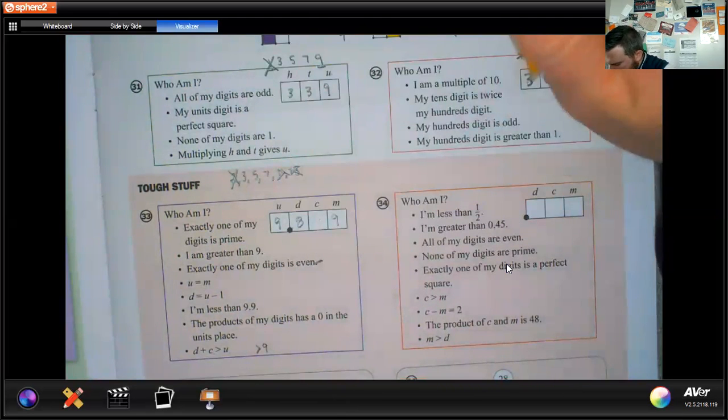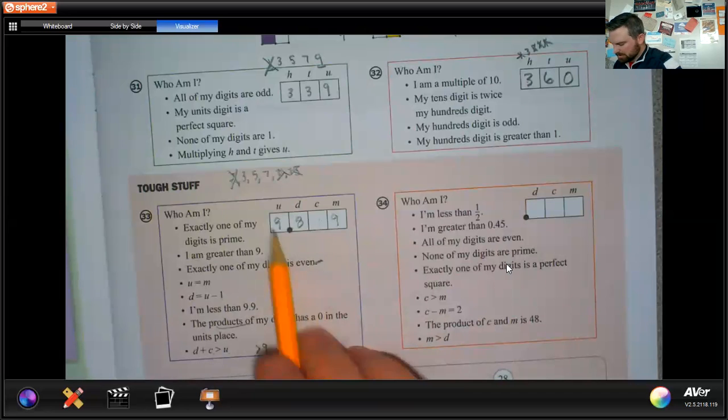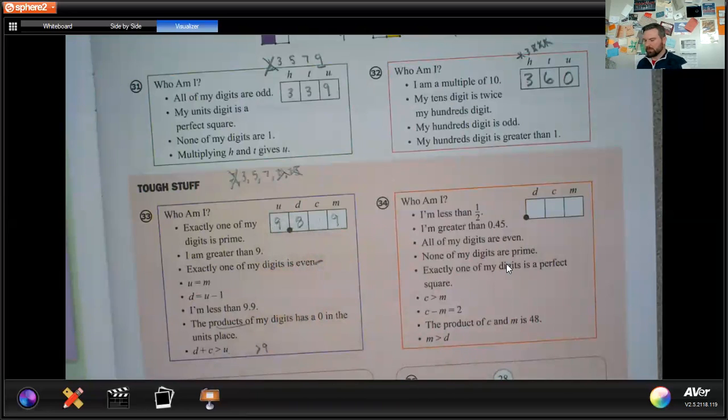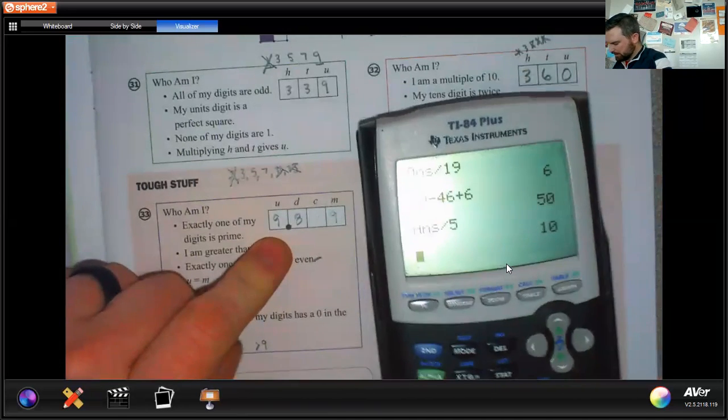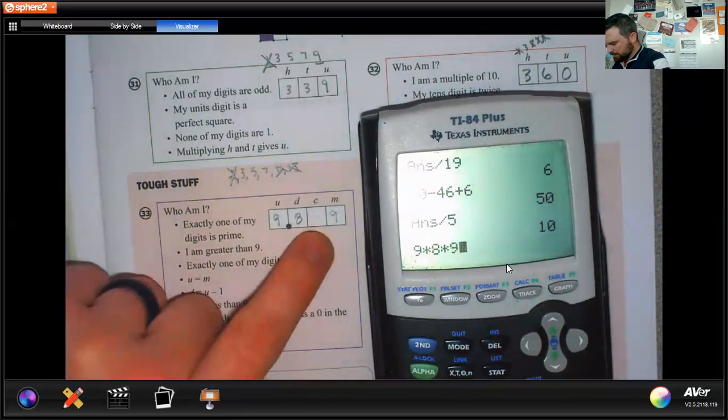Okay, so we need to use the product of my digits has a 0 in the units place. So product means multiply. So when we multiply these numbers together, the units place has a 0. So these are kind of big numbers, so we'll get out a calculator. If I take 9 times 8 times 9, I get this.